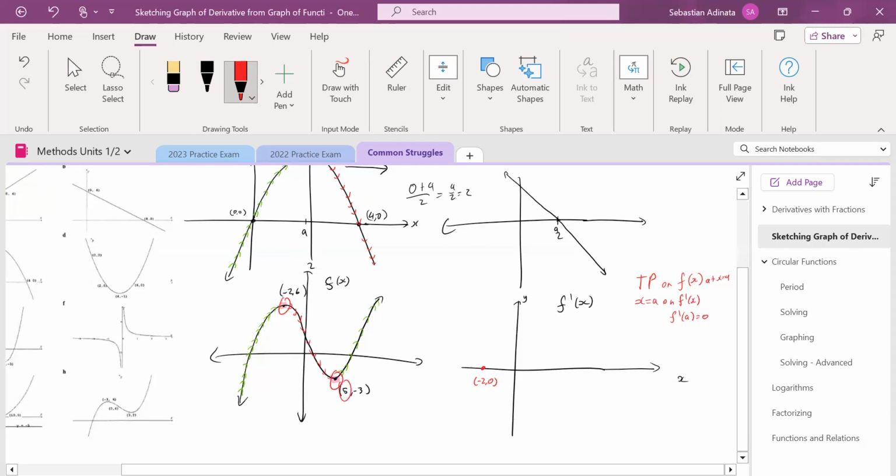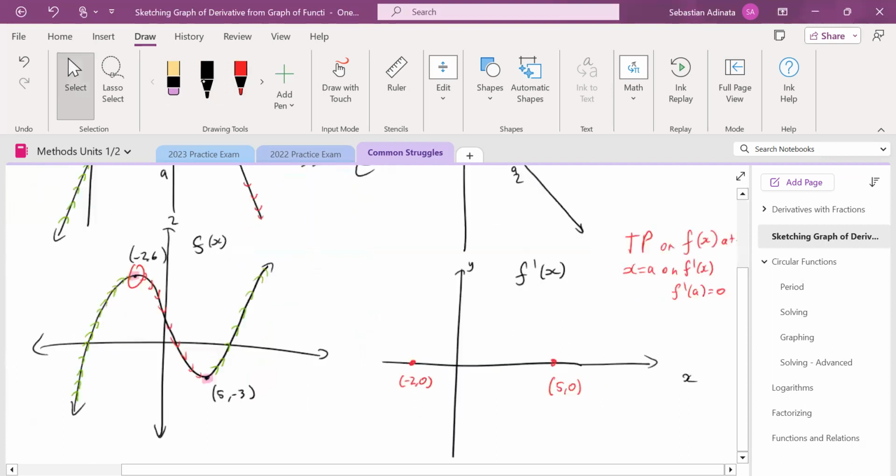So we also have a turning point at x equals 5 and y equals -3 on f of x. That means at f dash of 5, it's equal to 0. Now, let's have a look at where our graph is increasing.